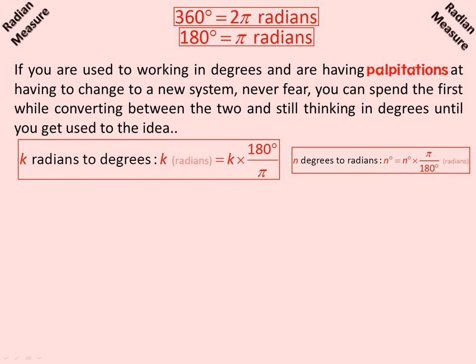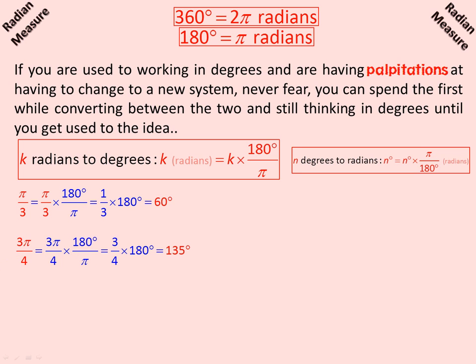Then for radians to degrees, we do much the same system, but instead of multiplying by pi over 180, we multiply by 180 over pi. Remember, we're really multiplying by 1, because 180 and pi mean the same thing. Pi radians is 180 degrees. So pi by 3, we take it, multiply by 180 over pi. That gives you 60 degrees, because the pi's cancel. 3 pi by 4, we multiply by 180 over pi, the pi's cancel.